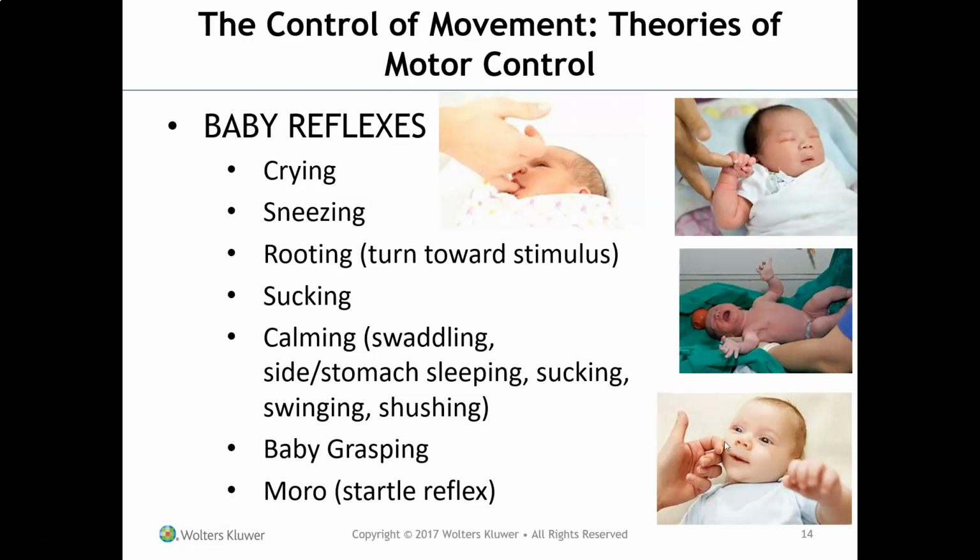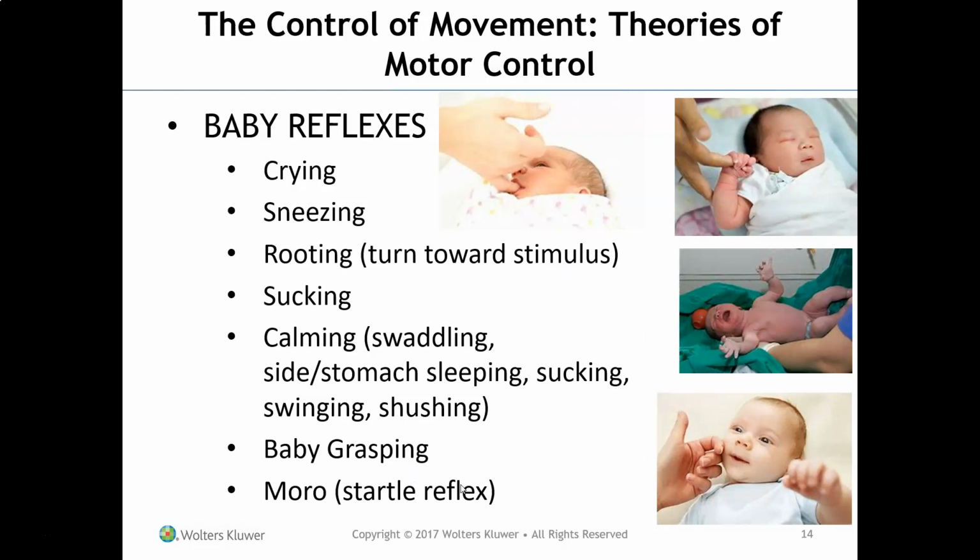So there are certain reflexes that will help a child survive, and sometimes, if somebody has a brain injury or a neurological deficit, we can use some of these reflexes to our advantage. We'll go over this a little more in detail later on, but with patients that have had a stroke or certain brain injuries, we can maybe help stimulate these reflexes to help them perform a task.